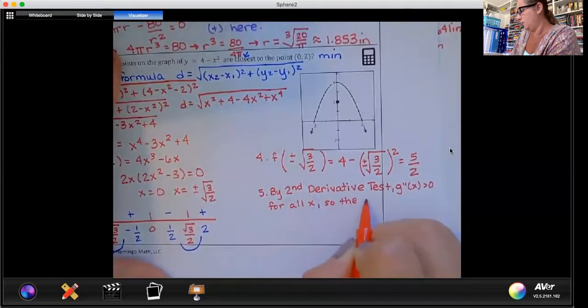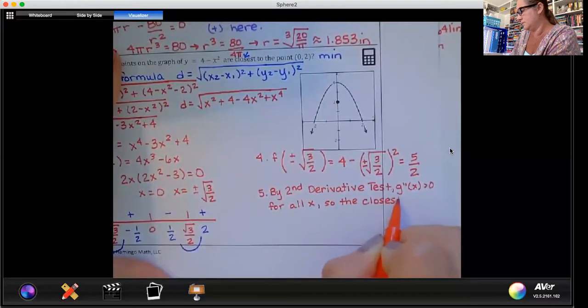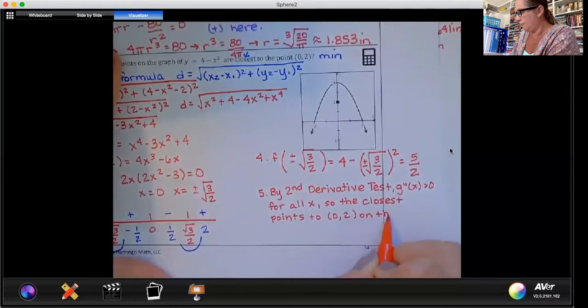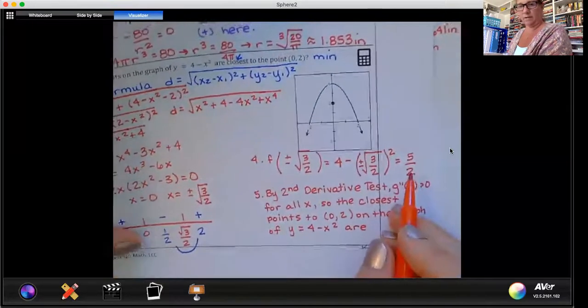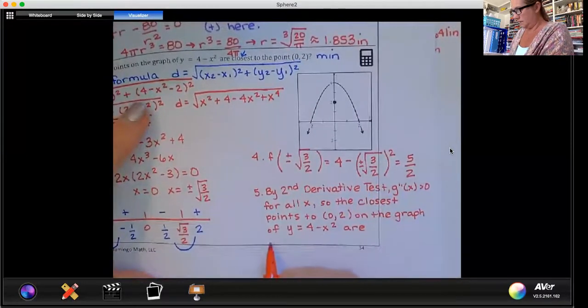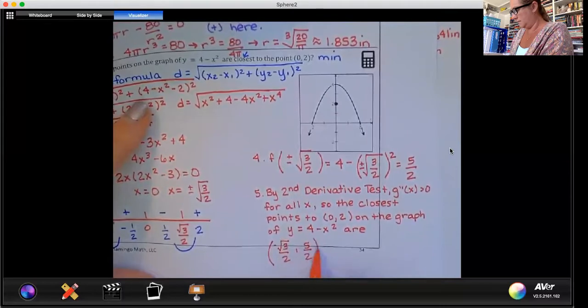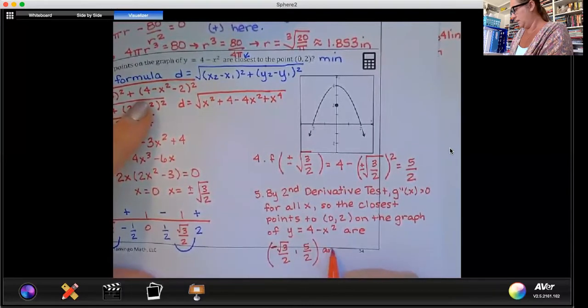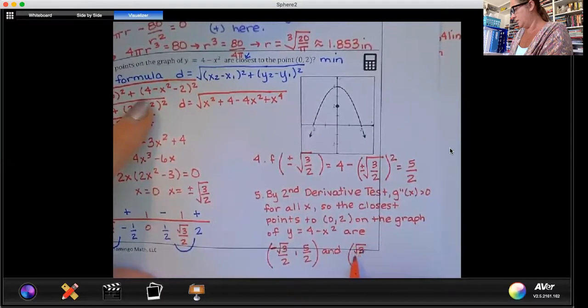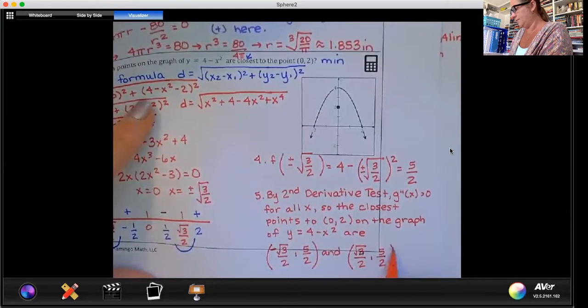So the closest points to (0, 2) on the graph of y equals 4 minus x squared are, there's our y, there's our x, negative square root of 3 over 2, 5 halves, and square root of 3 over 2, 5 halves.